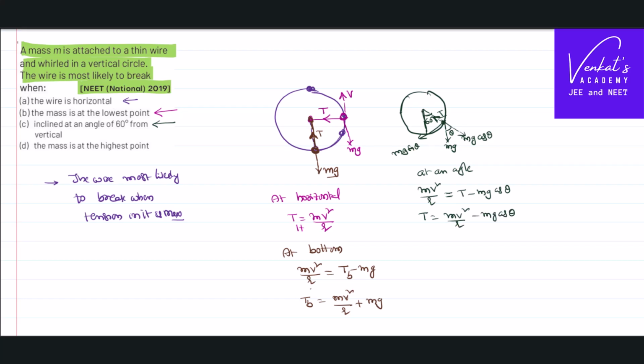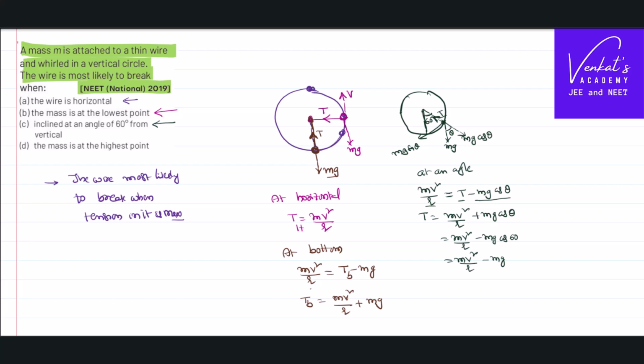I missed one point: tension equals mv square by r plus mg cos theta, because when it goes to the other side it becomes a plus.